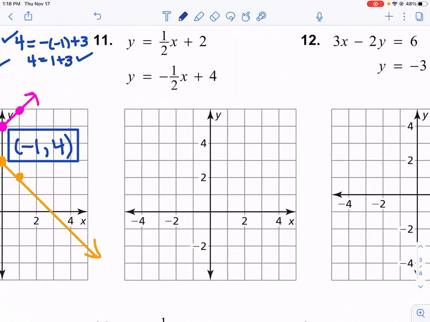Oh, wait, no, I have that one. We do have one. Go down 1, 2. That's what I'm on. Yeah.